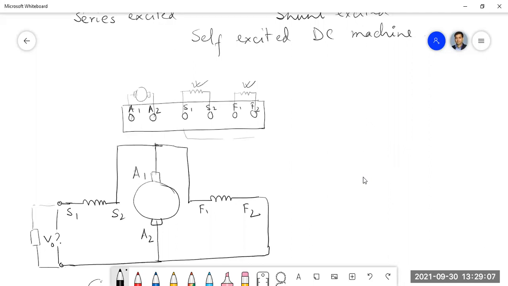So the one which I have kept in the machine to be connected in series must be connected in series, not in shunt. The one which I have kept in the machine to be connected in parallel must be connected in parallel, not in series.